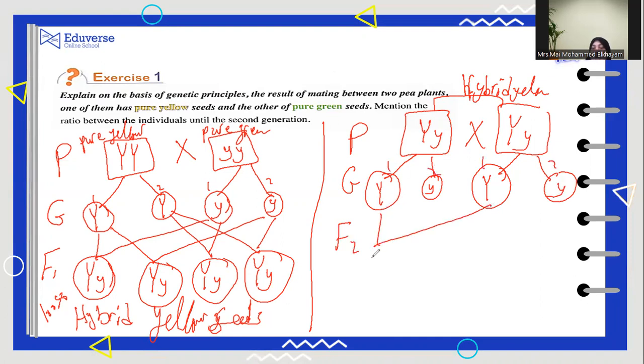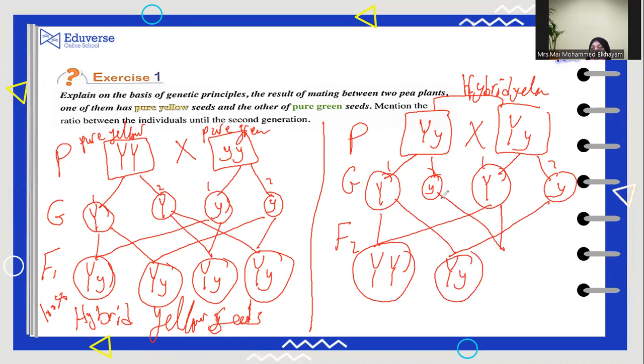The second generation, 1, 2, 1, 2. 1 with 1, Y capital, Y capital. 1 with 2, Y capital, Y small. 2 with 1, you will say Y small, Y capital. No, it cannot be written like that. You have to write the capital before the small in the same trait. Y capital, Y small. Then Y small, Y small.